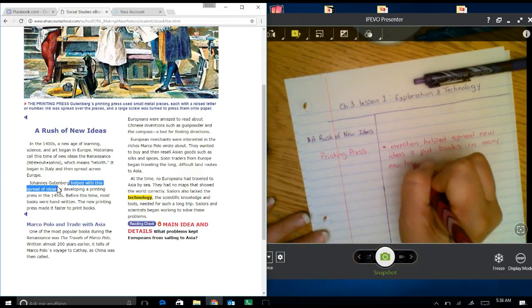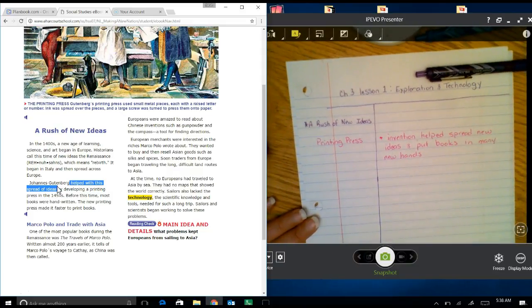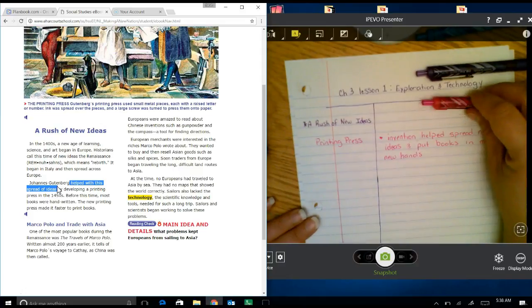People who had not been able to afford books could all of a sudden afford books. That's a huge deal. It teaches them, it gives them ideas that they've never had before, okay?